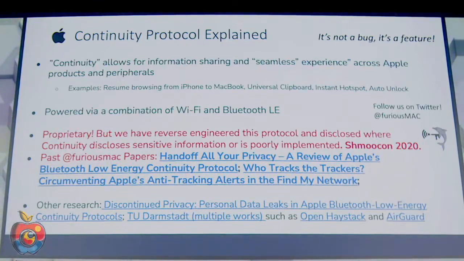It's powered via a combination of Wi-Fi and Bluetooth, and I'm only going to show you the Bluetooth component of it, but an example of continuity would be like resuming browsing from Safari on your iPhone to Safari on your Mac, the universal clipboard, instant hotspot, auto unlock, things like that.